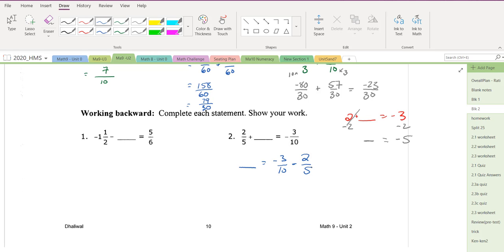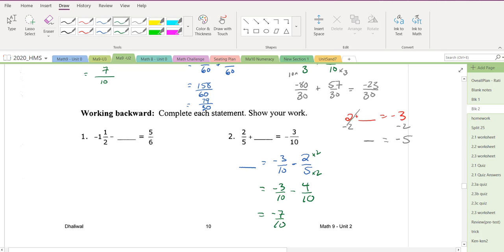And in this case, it would be 10, right? So we multiply this one by 2, the left one we don't have to change. This is already there. So we go -3/10 minus 4/10. And what would this equal? All right, so we got some negatives. What would it equal? Yes, Theo? -7/10. -7/10. Thank you.